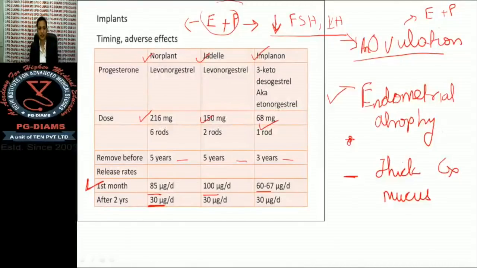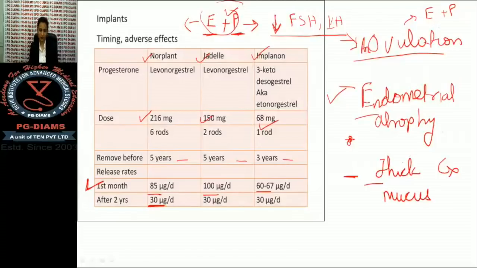By its constant presence, it decreases the cycling which is responsible for ovulation. FSH, LH stabilize at a constant low level, so anovulation results. This is because of estrogen and also because of progesterone. Both play a role and both have negative feedback effects on the HPO axis. Apart from that, progesterone alone has the effect of endometrial atrophy and thickening of cervical mucus. Estrogen does not have much end organ effects.